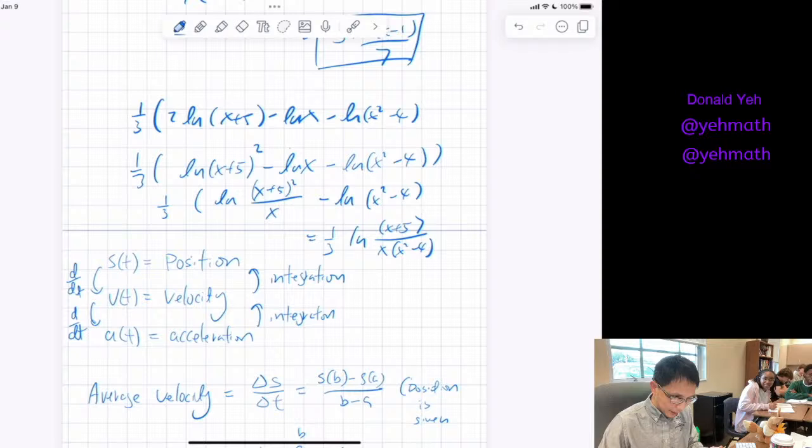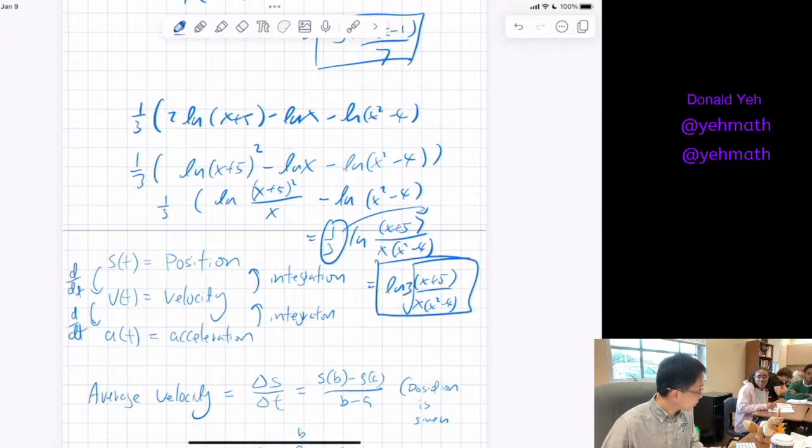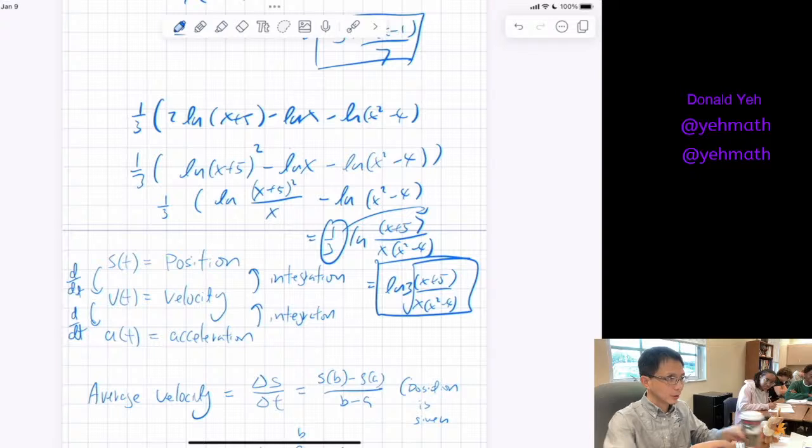Now that's done, I'll put the 1/3 on the top. So natural log of x plus 5 squared over x times x squared minus 4, and this is going to be 2/3. And that will be the final answer. And that's your test question right there. X plus 5 squared. Yep.